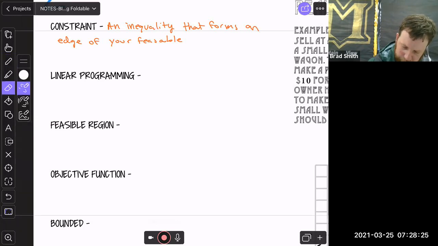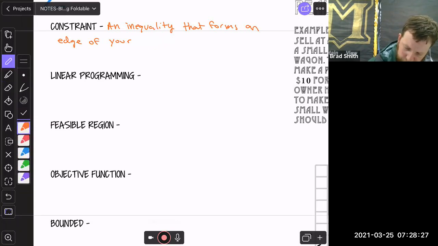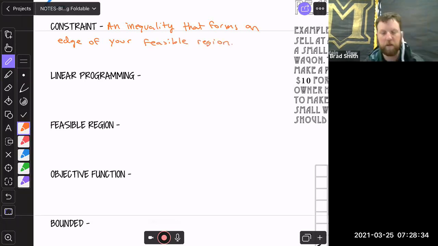Feasible is spelled with an I. So remember, an inequality has a greater than or less than sign, and it forms an edge of your feasible region.